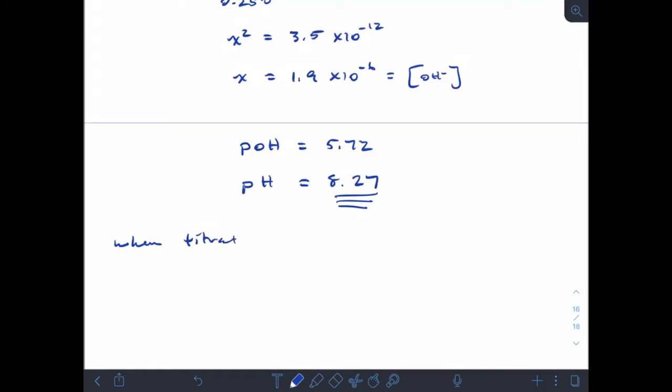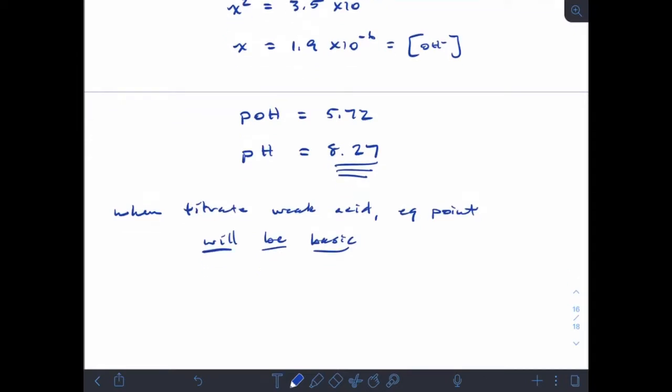So when we titrate a weak acid, the equivalence point will be basic. Okay, and when we titrate a weak base, the equivalence point will be acidic.